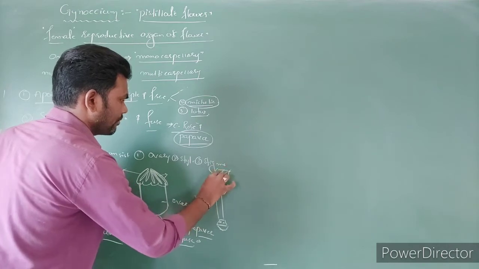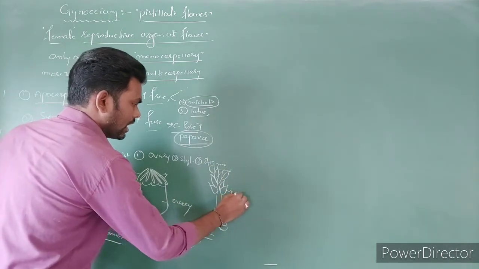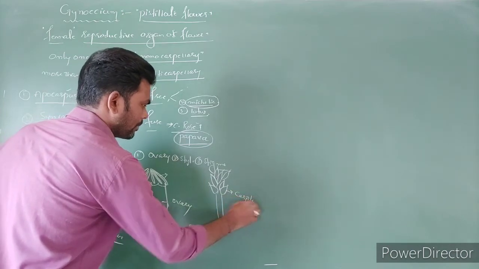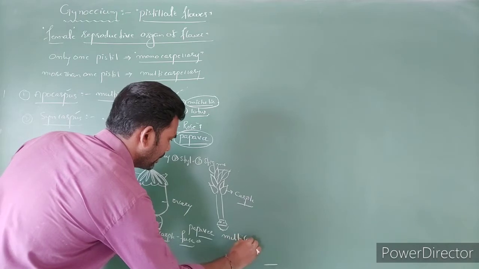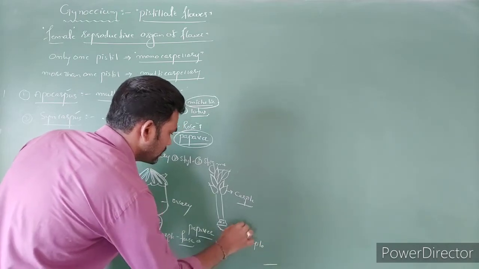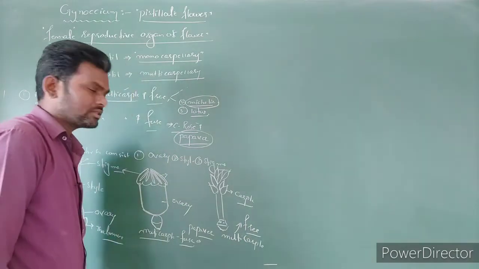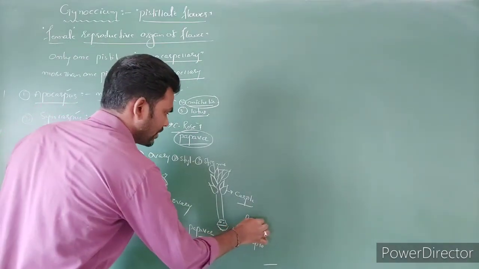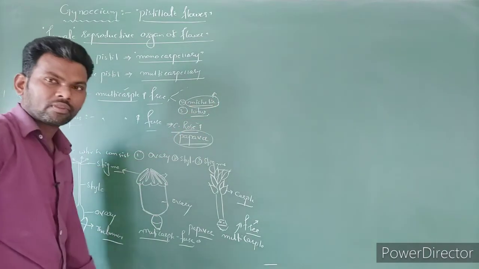Carpels are free, right? So this is a carpel. Multicarpels, carpels are free in condition, that we call what? Apocarpus. The example is Michelia, right?